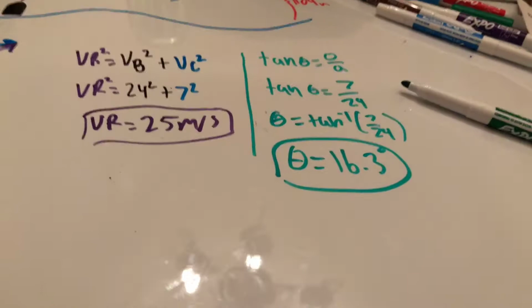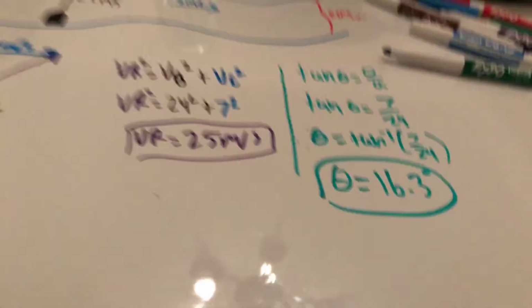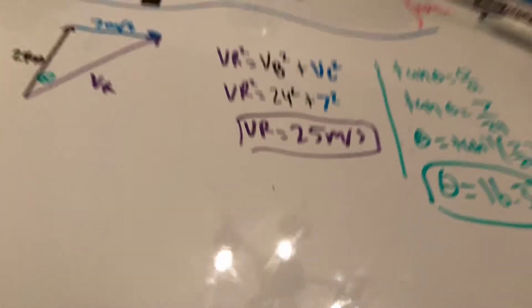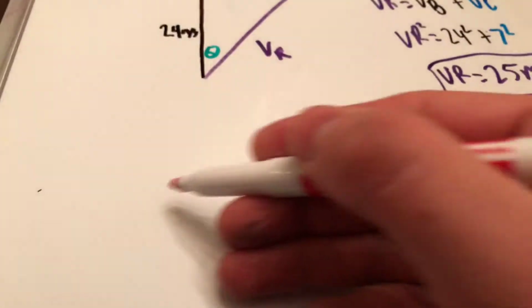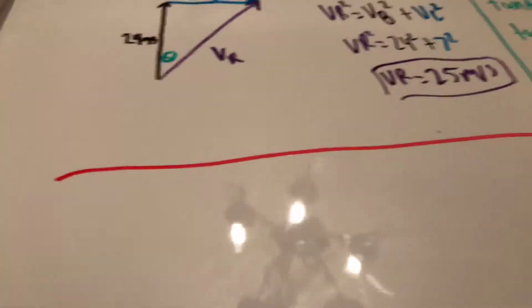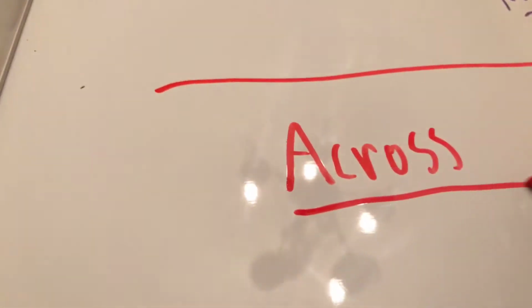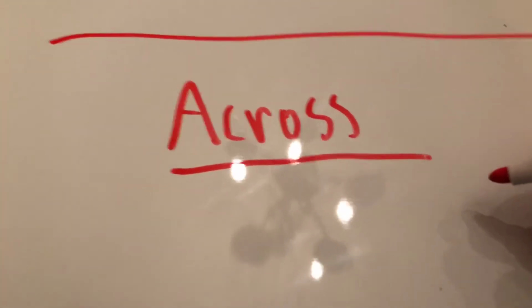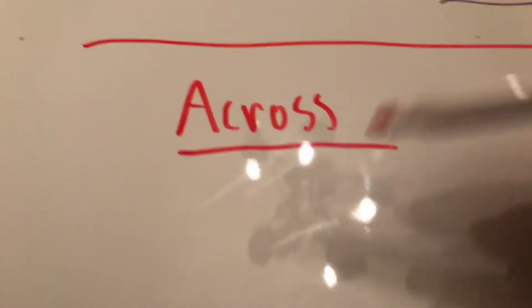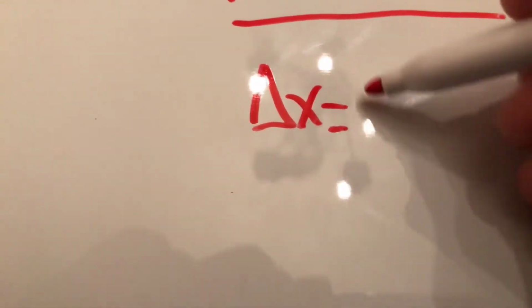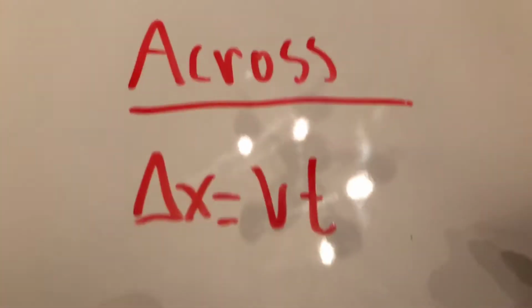So we're going to do it in red. Draw a line across. So across the river, we're going to use delta x is equal to velocity times the time.